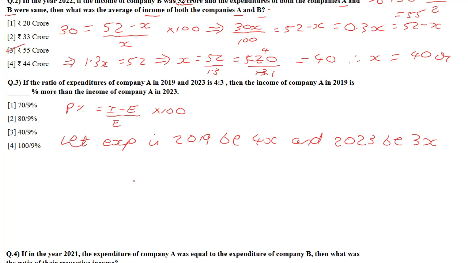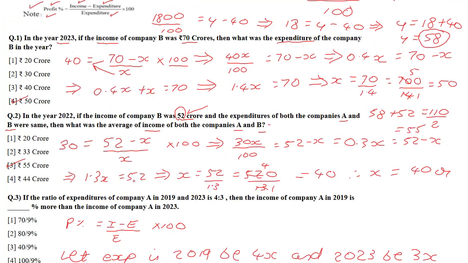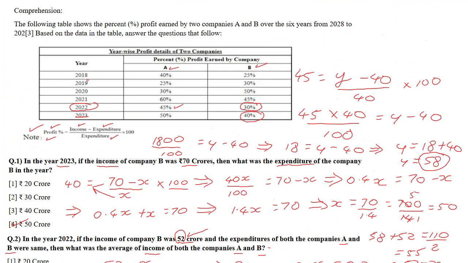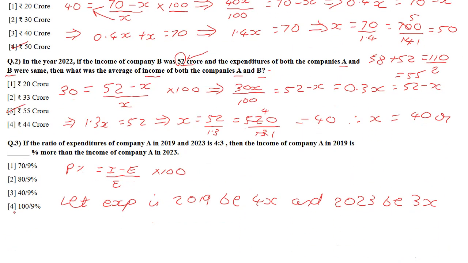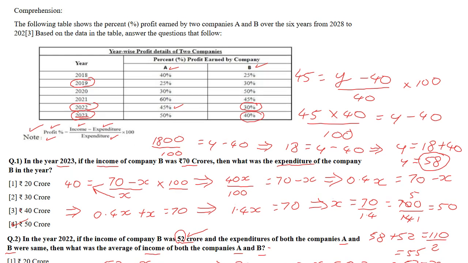Now, I need to go up and look at the table. 2019 is one year and 2023 is another year. We've been asked to do this calculation for company A. For company A, 2019 is 25%, 2023 is 50%.